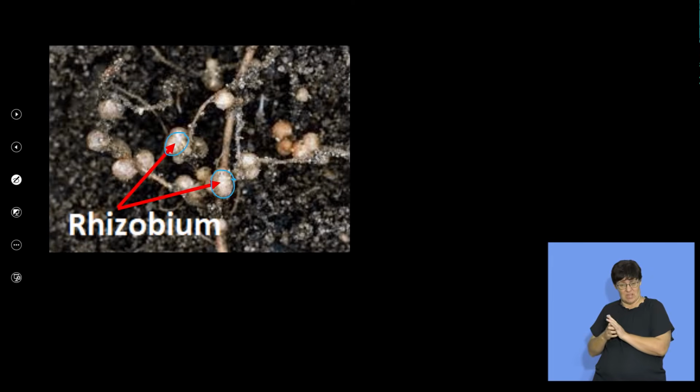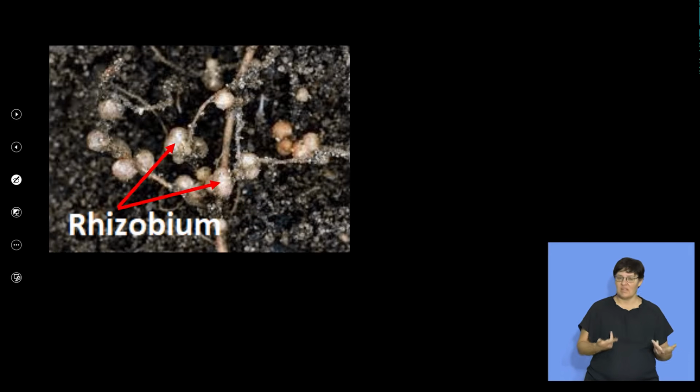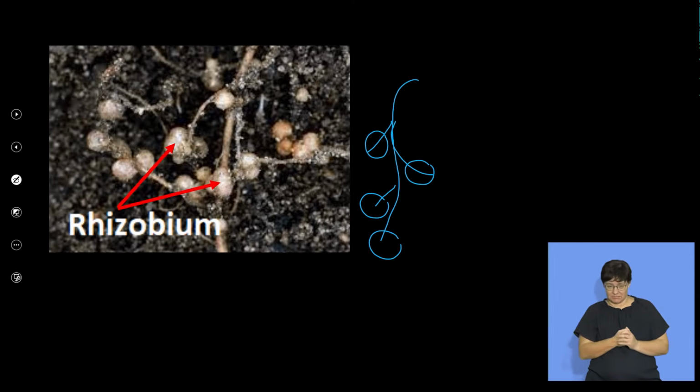If we take a closer look at what these bacteria are, here you go, a picture. Here are the roots. Those little round spots, you see I've labeled them rhizobium. That's basically what the bacteria are. They're these little conglomerations on the root. And what they do is, they're not like fungi.